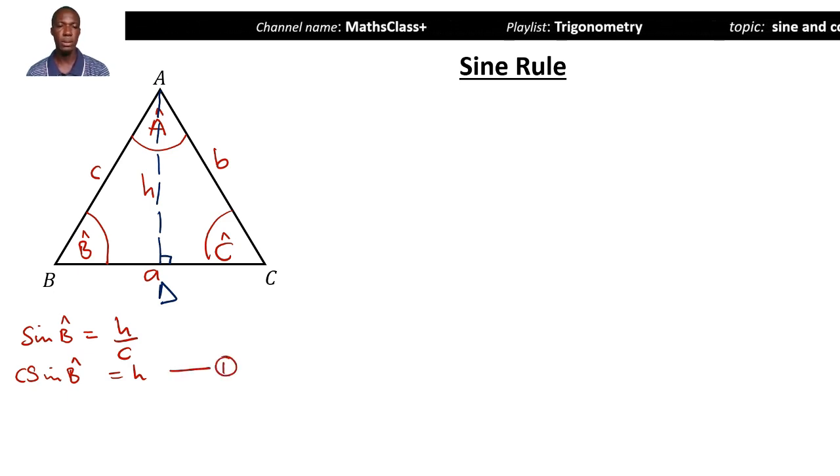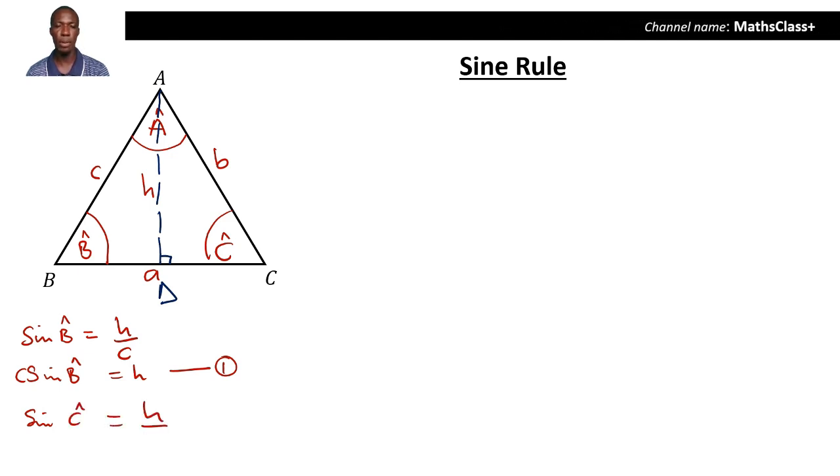And then I will also use triangle ADC, and that I'll have sine C is equal to H over B. Again, I'll make H the subject, and that will give me B sine C is equal to H. Then I'll label it as my equation 2.